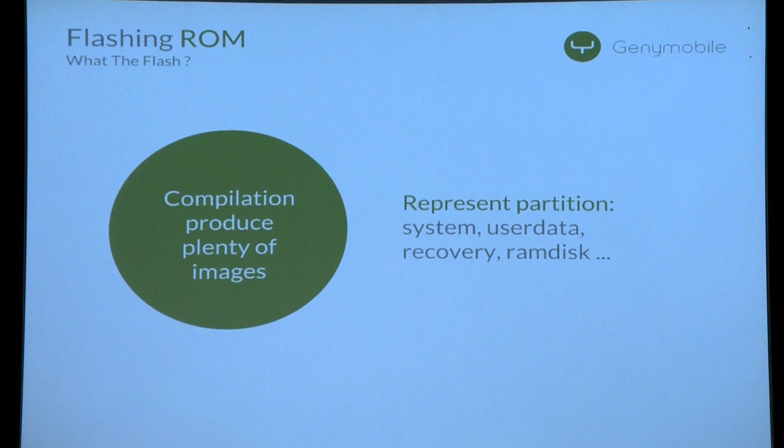RAM disk is a very important one, and a bit strange one. It will contain the kernel, but also the definition and the configuration for a lot of files on your device.